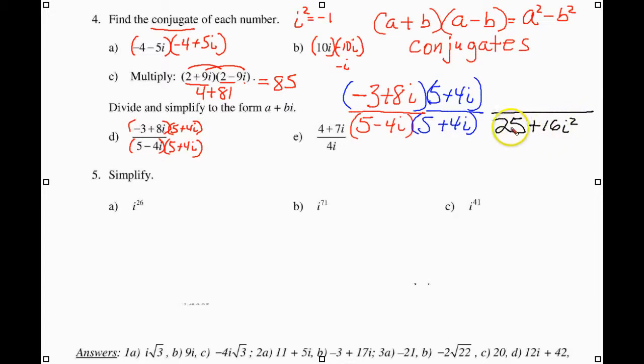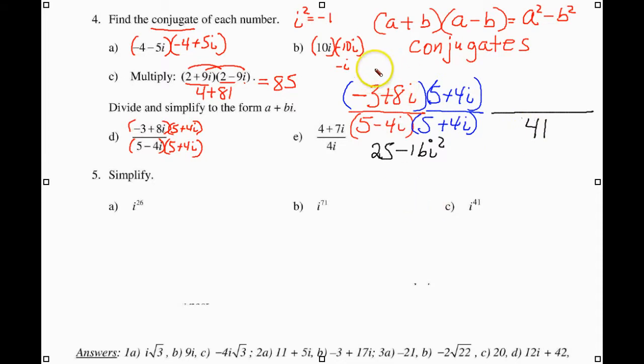And 16 plus 25 is a 41. So let's put that down here. And again, this was 25 minus 16i squared, which was a -1, times a negative made this a positive 16, and 25 gives me my 41.